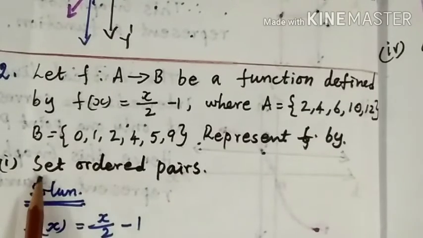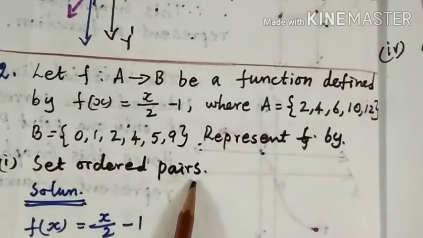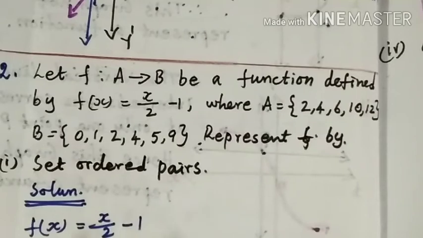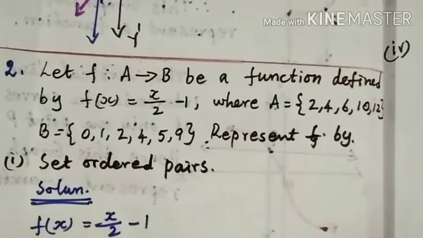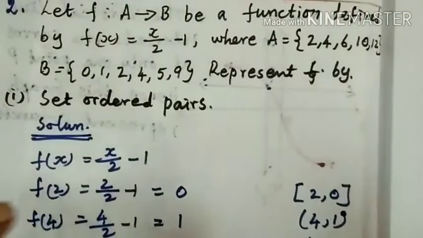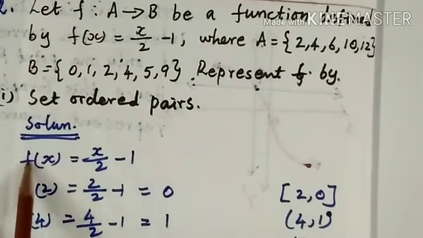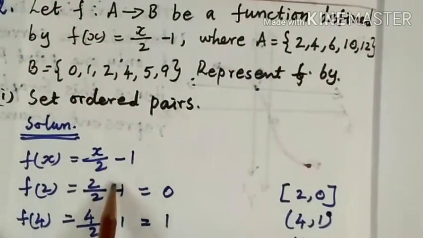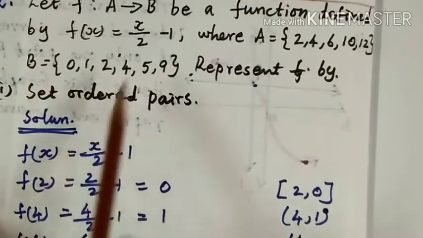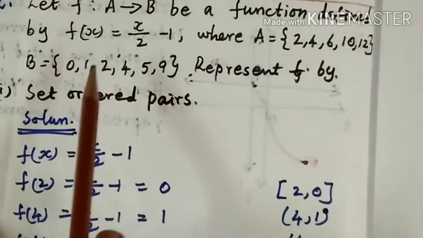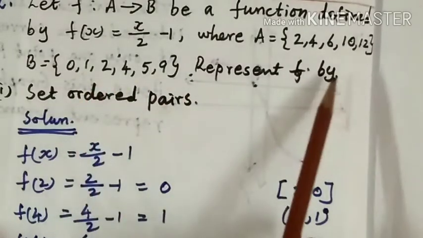First subdivision, set of ordered pairs. For this, we have to find the ordered pairs. See the solution. First you write down the given. f of x equal to x by 2 minus 1, x belongs to set A. Therefore, set A's first element is 2.